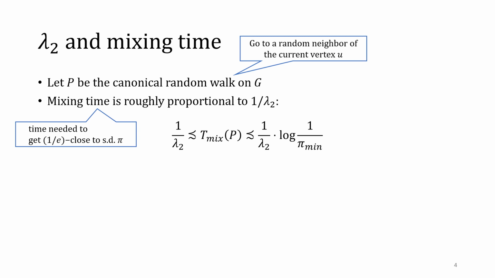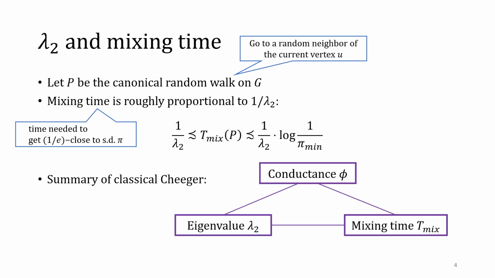And by Cheeger's inequality, that means small conductance is the only obstacle to a fast mixing time. To summarize, the classical Cheeger's inequality connects conductance, eigenvalues, and mixing time, and also has generalizations to other eigenvalues on the spectrum.